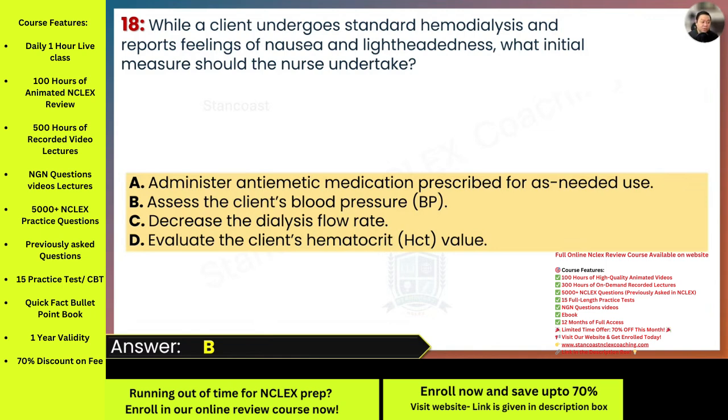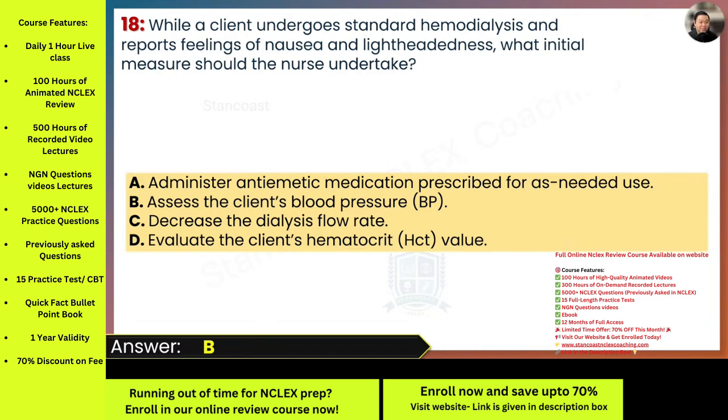Letter D is also incorrect. It states evaluate the client's hematocrit value. We know that a low hematocrit could contribute to chronic fatigue or the anemia-related dizziness, but it does not explain the acute onset of the nausea and lightheadedness during the dialysis.